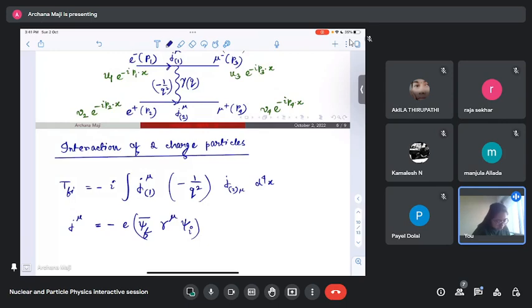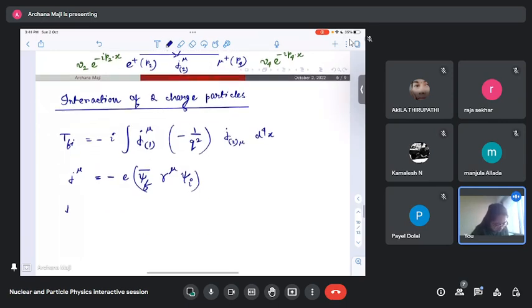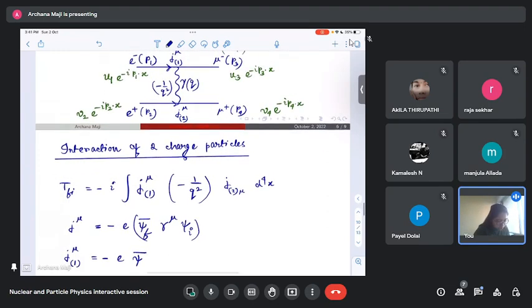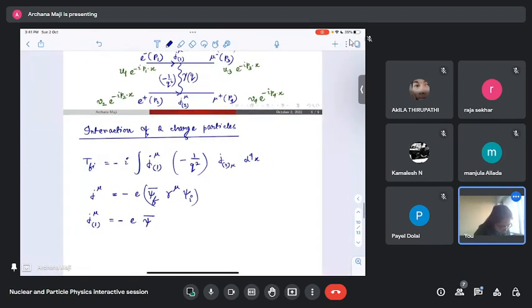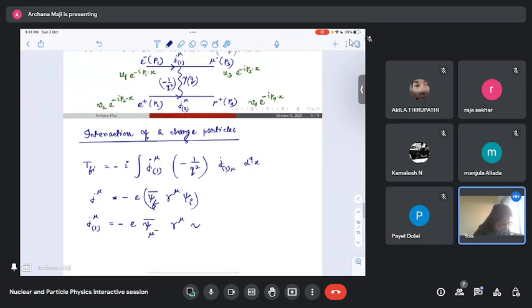So J mu1 will be minus E psi bar corresponding to mu minus, that is the final wave function. Don't confuse this mu with the index mu; that is the particle mu. And psi for the electron.